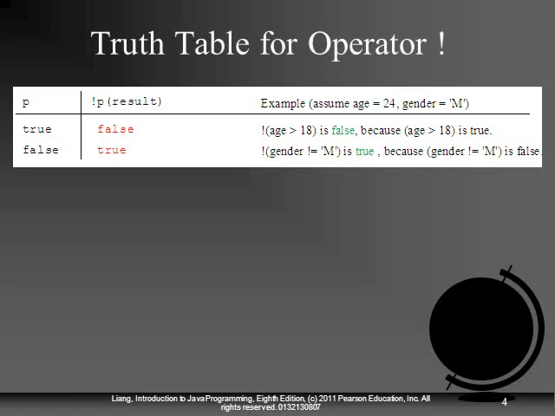And then we apply the not operator, so the result is false. Take a look at gender. Now this has two nots applied to it. It has gender not equal male. Well, that's false. We know from our assumption above that gender is male. So gender not equal male is false, and then we apply the not operator, we get true. Okay?